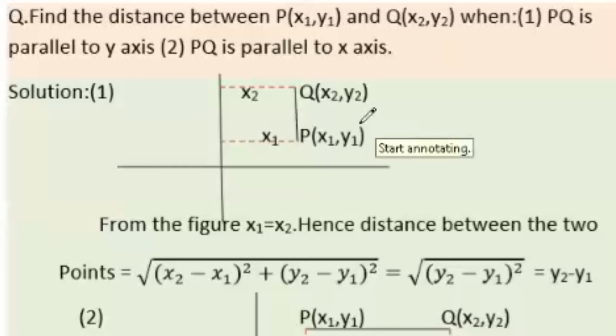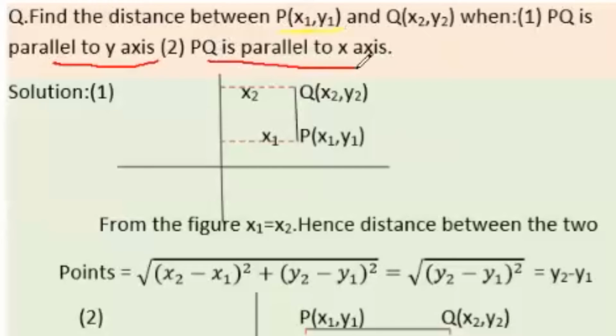Next question is, find the distance between P x1 y1 and Q x2 y2 when the first case is PQ is parallel to y-axis and the second case is PQ is parallel to x-axis.